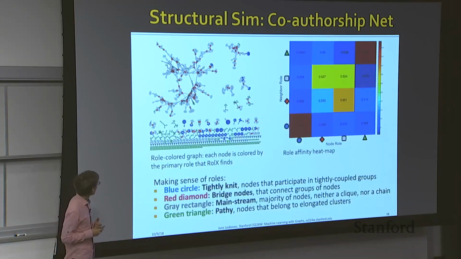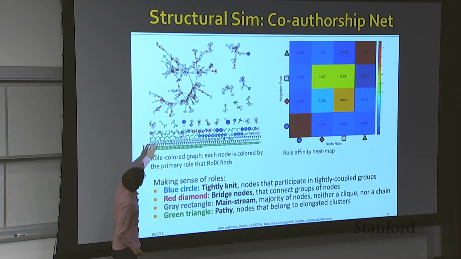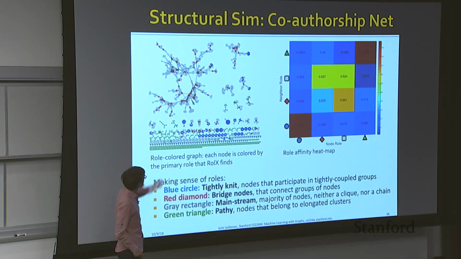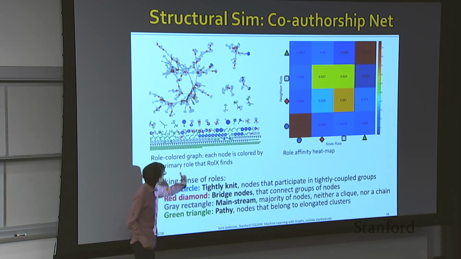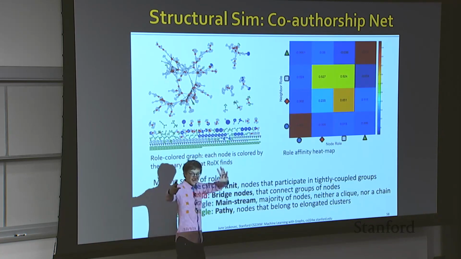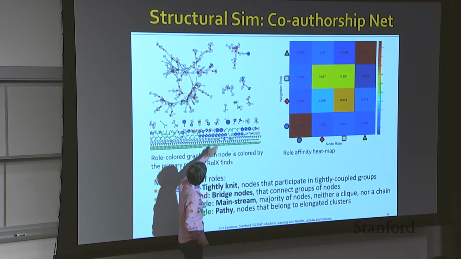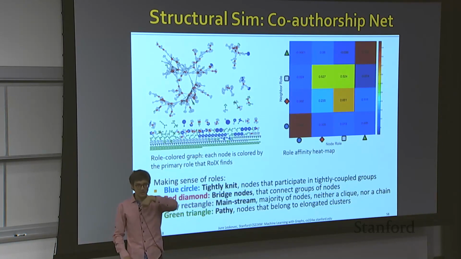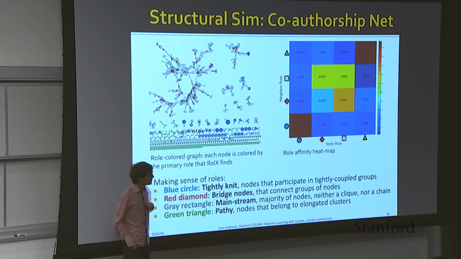And here is an example. This is the co-authorship network, and this is exactly what I showed you before. The three roles that the method found were the roles of cliques of authors. These are big papers that people write together. Then these centers of stars, which you could think of as professors or advisors who work with a lot of their students.